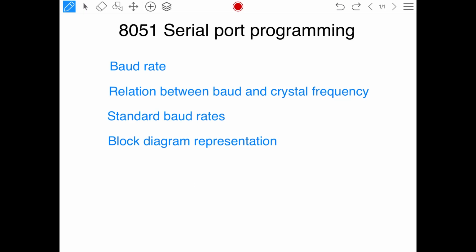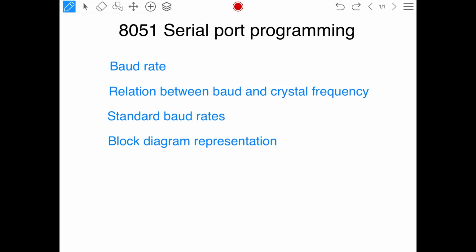Whenever I talk about serial communication, there are four terms that become important to us. That is baud rate, which we keep on frequently using. So it is our duty and it is a fundamental requirement before we start serial port programming. We need to know what we mean by a baud rate. We also need to derive the relationship between the baud rate and the crystal frequency, a small formula we need to understand.